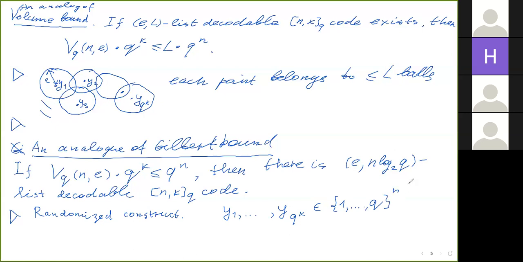We take Q to the K words of N letters, where each word is chosen at random with uniform distribution, and they are independent of each other.